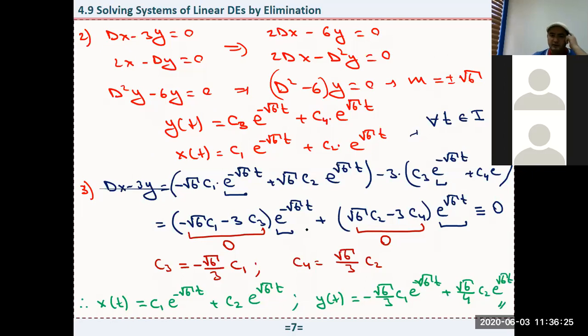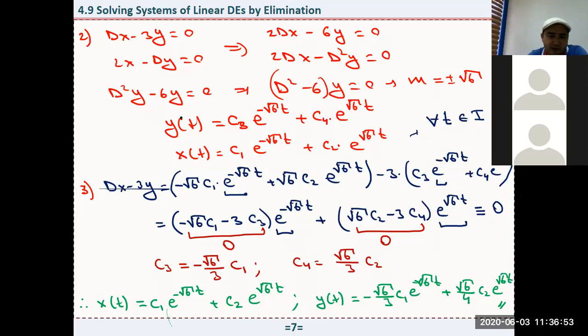Again, we know what we mean by this. If you substitute the value of x into this equation, and the value of y into this equation, differentiate and evaluate, it will be identically equal to 0 for every value of C1 and C2.